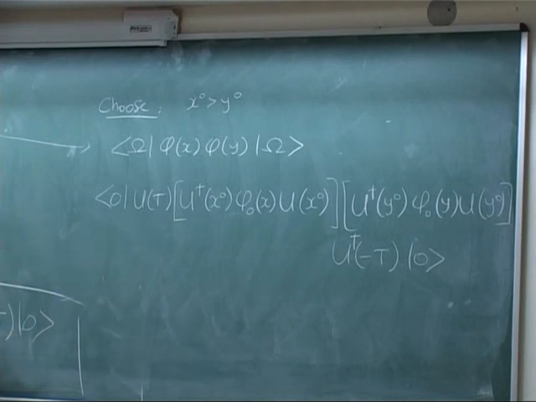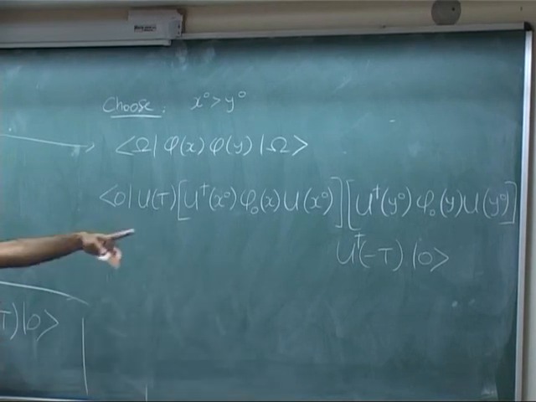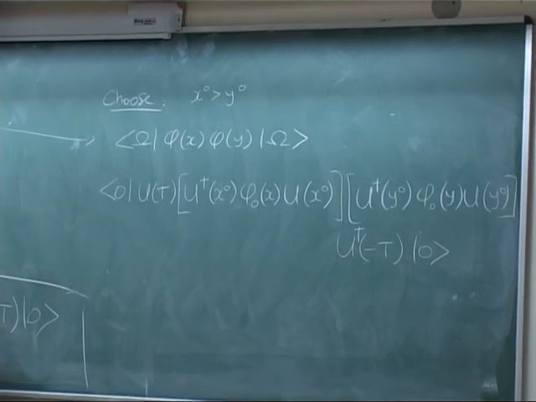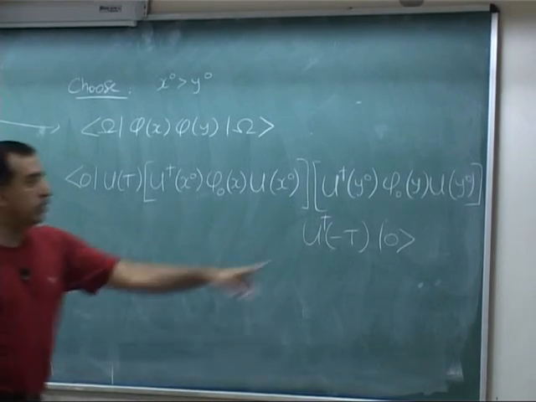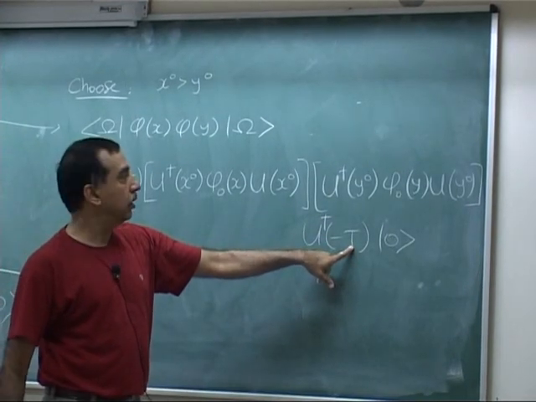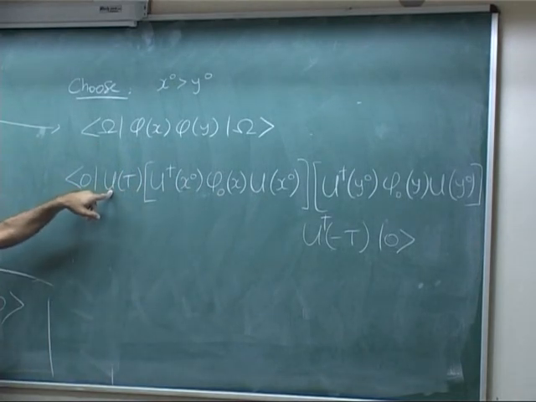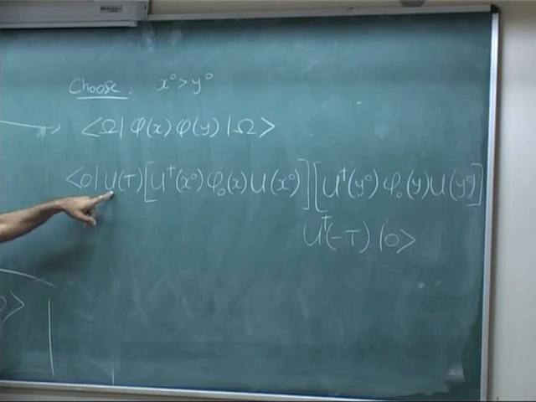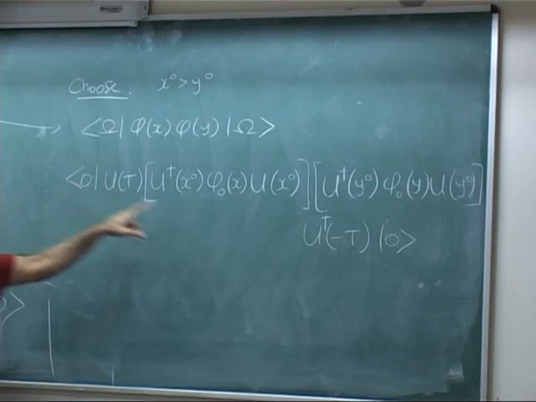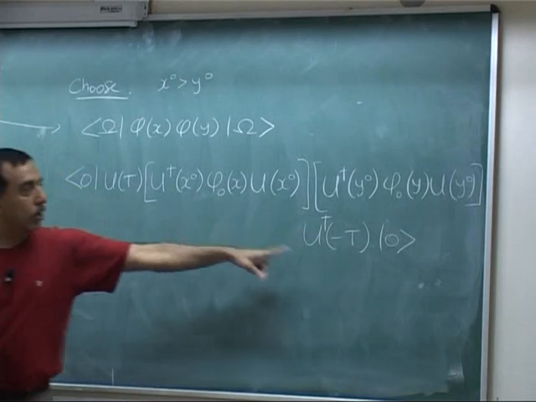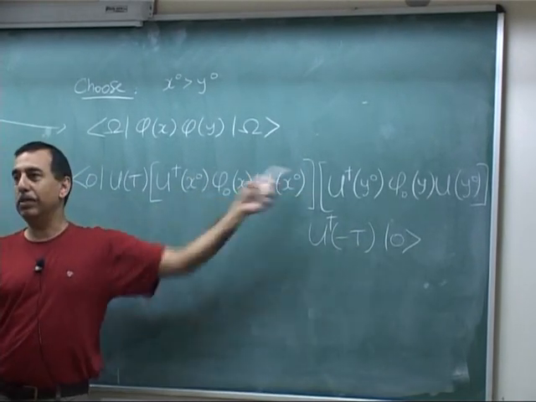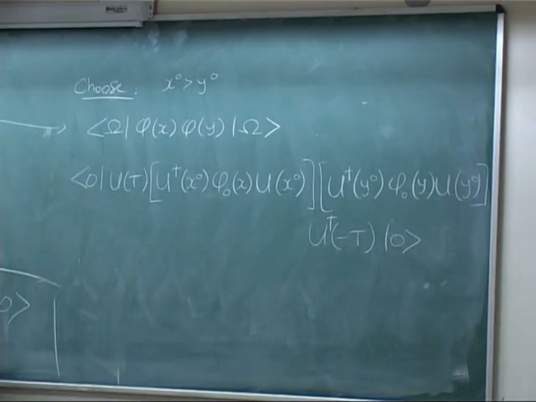But now it's very nice because notice that the times in this expression are all in correct time ordering. First minus infinity, then y naught, then x naught, and then plus infinity. Now you can see why we took t to be large. By taking t to be large, we can be sure that these operators in time ordering lie on either side of these ones, which are all at finite times.